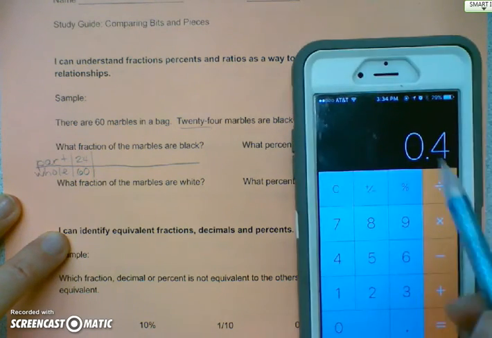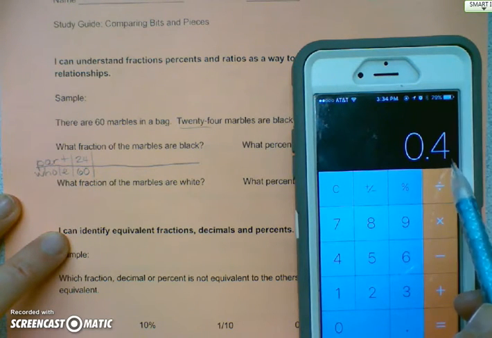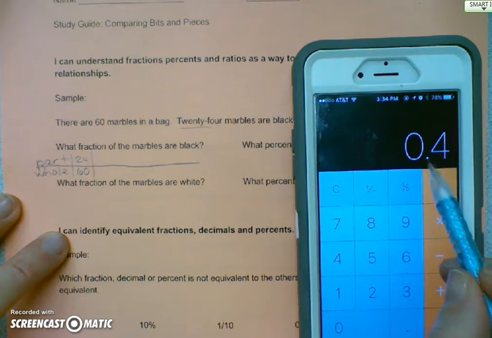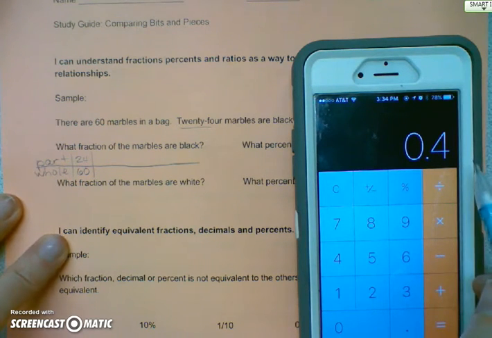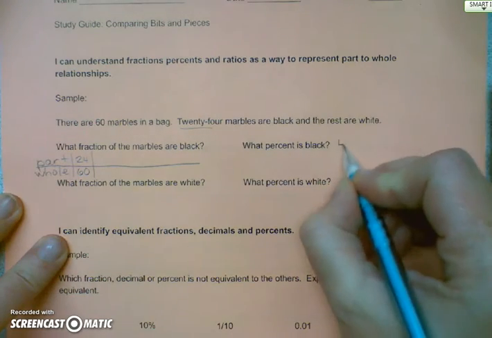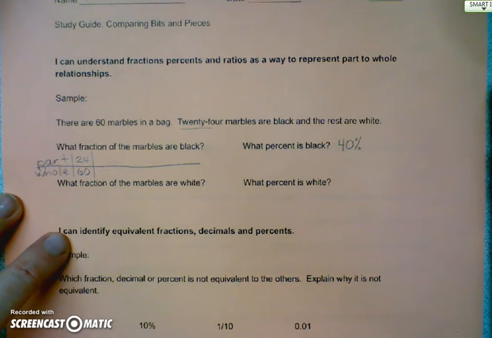And that's going to get you this 4/10. I know that 4/10 is a benchmark fraction. 4/10 is 40%. So I'm going to write that down here just in case, and then I will show you how to find it if you don't have a calculator.